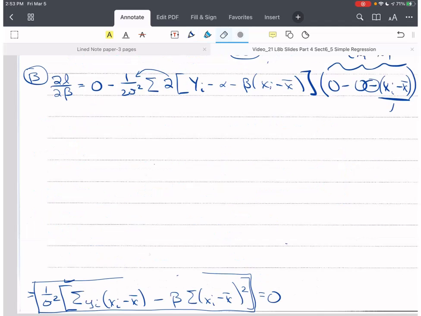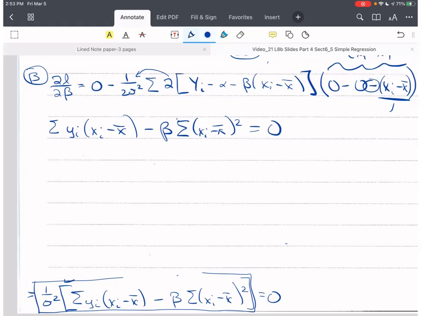And so now I need to set this summation equal to 0. So I have the sum of yi (xi minus x bar) minus beta times the sum of (xi minus x bar) quantity squared, equals 0.